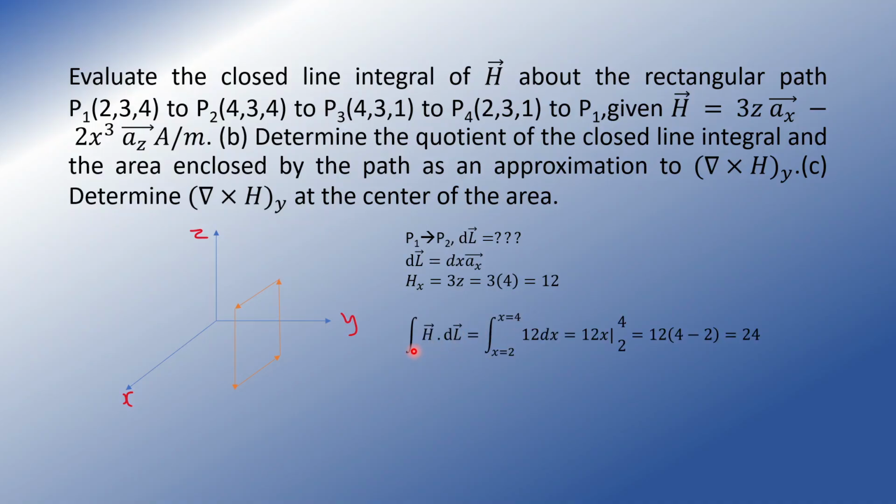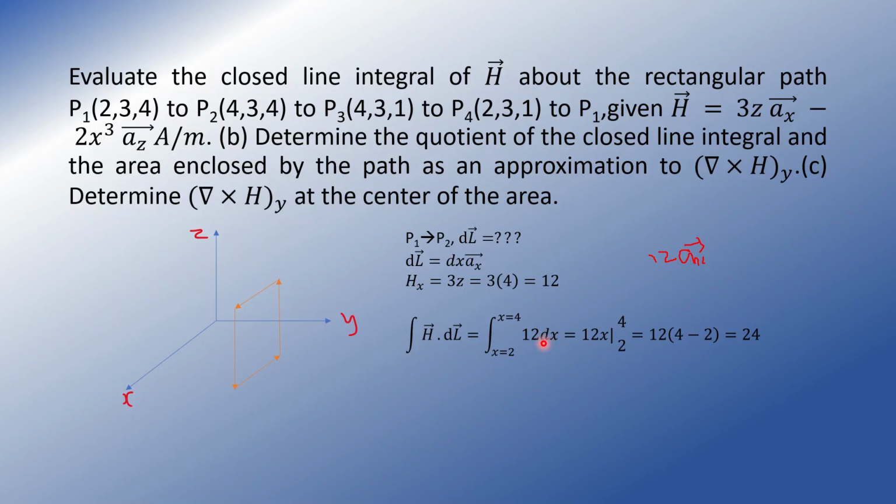Now to find H dot dl, vector H will be 12 ax and vector dl will be dx ax, and it is a dot product. We understand that ax dot ax will be 1. So in the integral we get a scalar term 12 dx. This is the integral. Since this is Hx, we evaluate with respect to x.